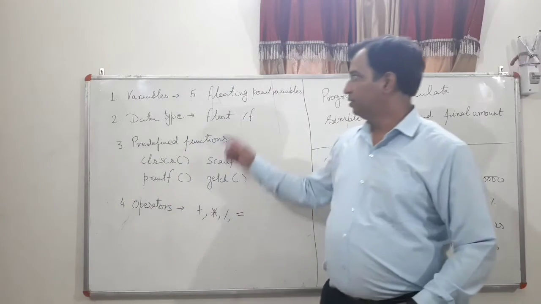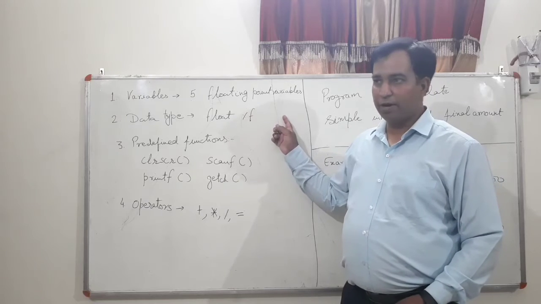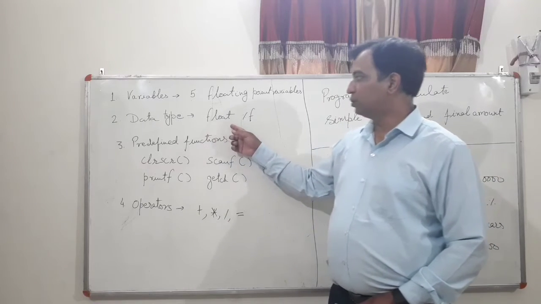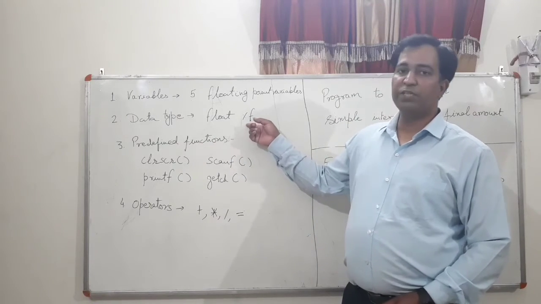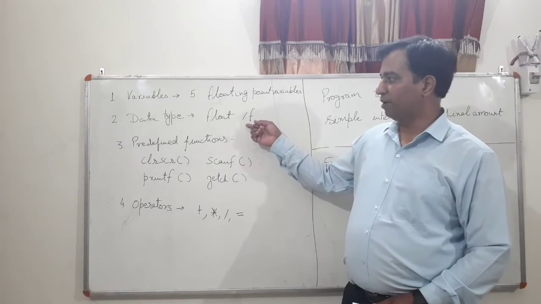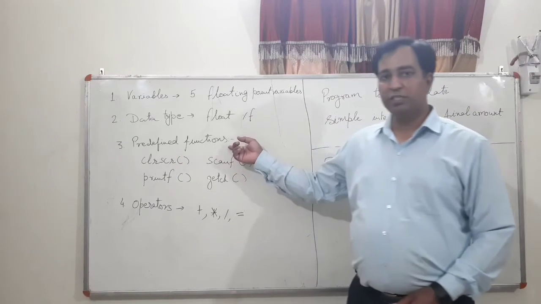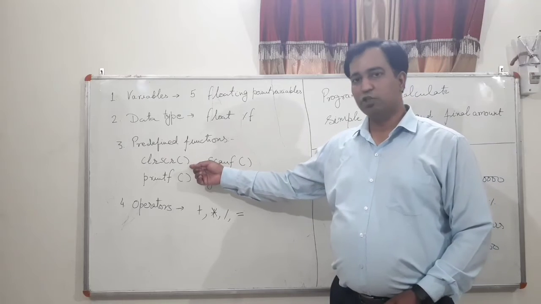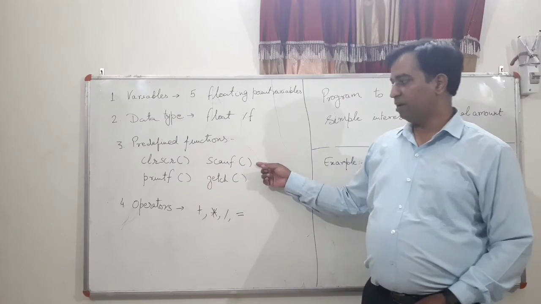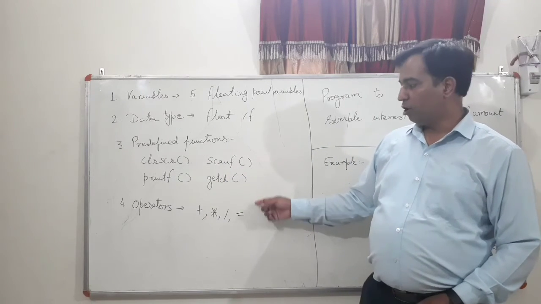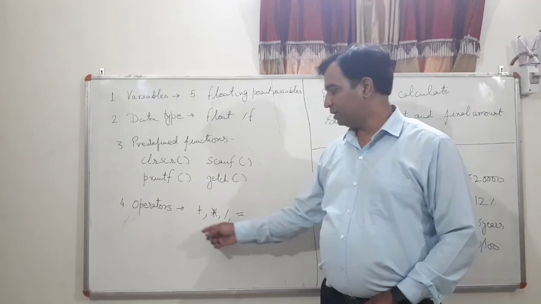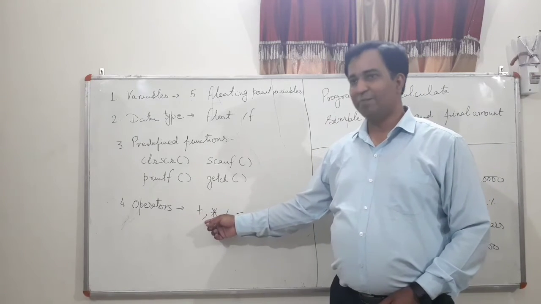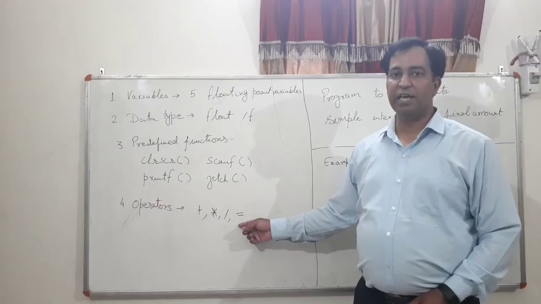So 5 floating point variables will be required. The data type that will be used is float. %f is the conversion string for a floating point variable. Predefined functions that we are going to use are clear screen, printf, scanf, and getch. Operators that will be used are plus, multiply, division, and assign.